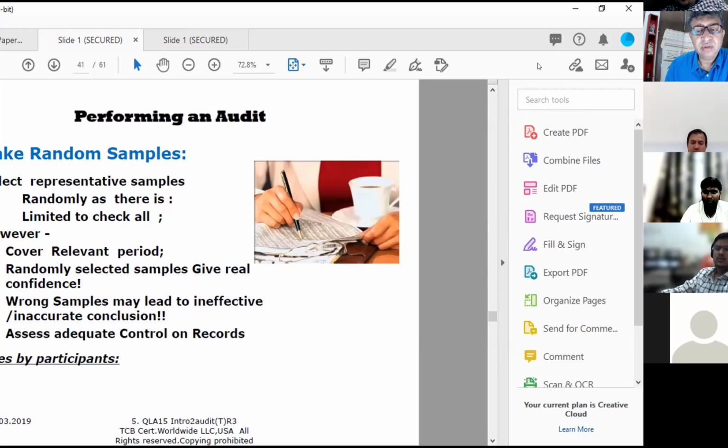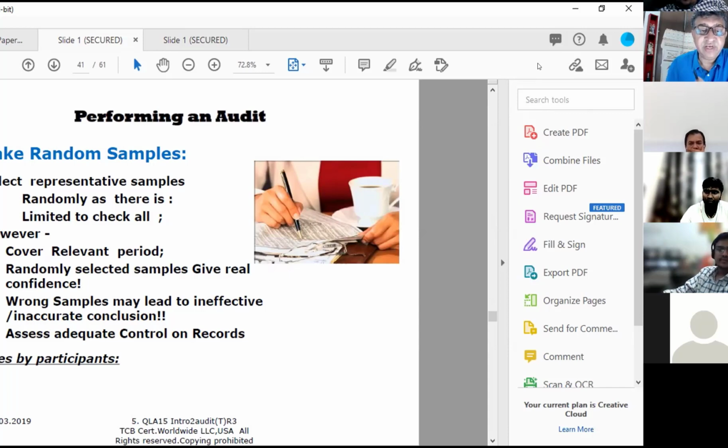For example, you have got 5 jobs going on, all right? Do you have time to go through all 5 jobs? No. But you have to get a conclusion, or you have to arrive at a very positive conformity assessment, that yes, they are in conformity or there are problems.